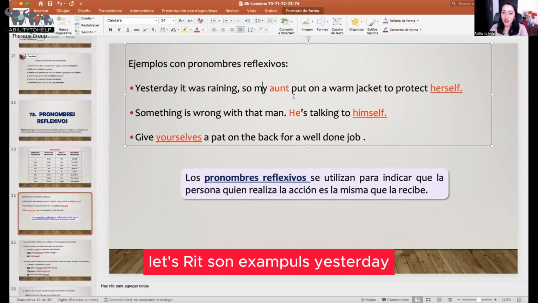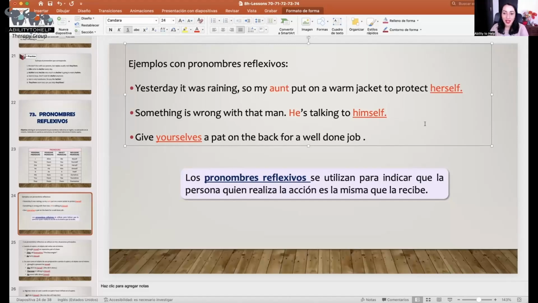Let's read some examples. Yesterday it was raining, so my aunt put on a warm jacket to protect herself. So my aunt is the subject. Finally, she is the object in this sentence.